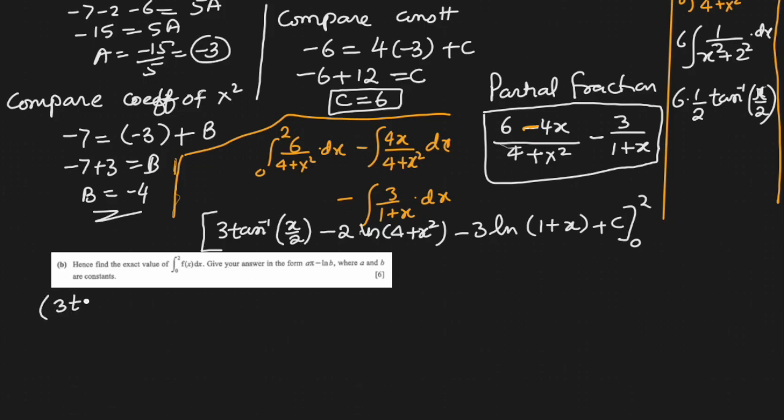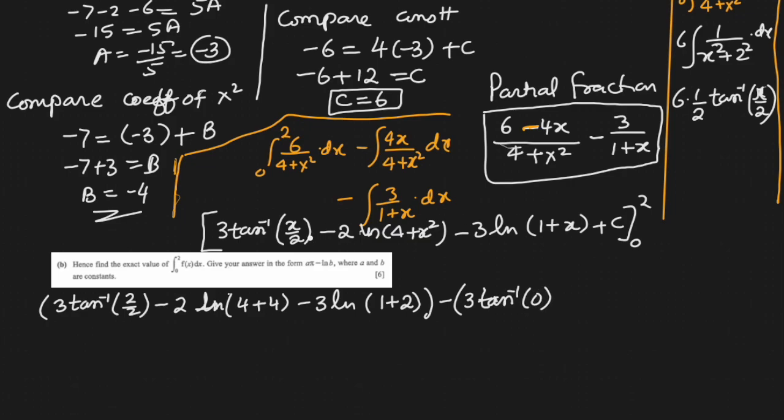So 3 tan inverse 2 over 2, minus 2 natural log 4 plus 2 square, which is 4, minus 3 natural log 1 plus 2, and c I'm ignoring because it will cancel out later, minus 3 tan inverse 0, because x over 2 will be 0, minus 2 natural log 4, because x square will be 0, so just natural log 4, minus 3 natural log 1 plus 0, 1, and close.